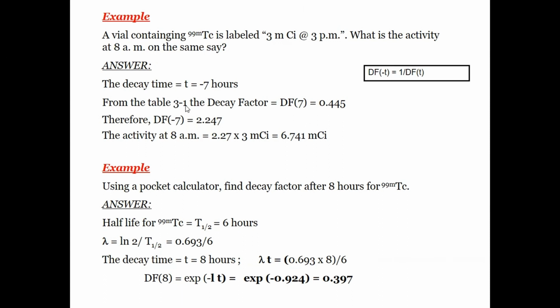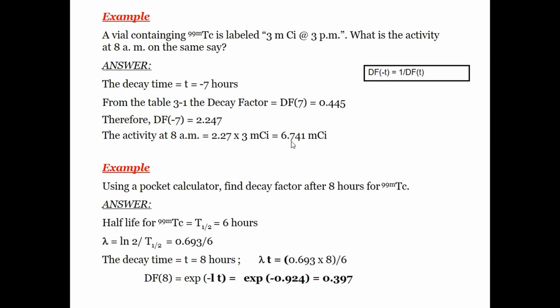From the table, we find the decay factor for 7 hours equal to 0.445. Therefore, the decay factor for minus 7 will be 1 over that, and it is 2.2. We multiply with this and get 6.7 millicuries.